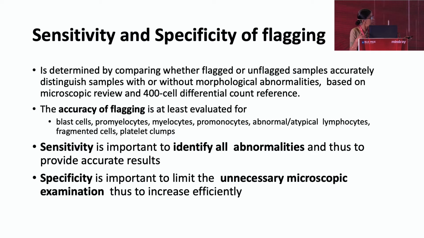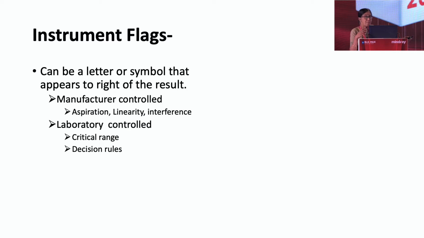Sensitivity is important to identify all abnormalities, and therefore we produce accurate results. However, specificity is important to limit unnecessary microscopic examination and thereby increase the efficiency of the laboratory. So it's very important to strike a delicate balance between the sensitivity and the specificity.